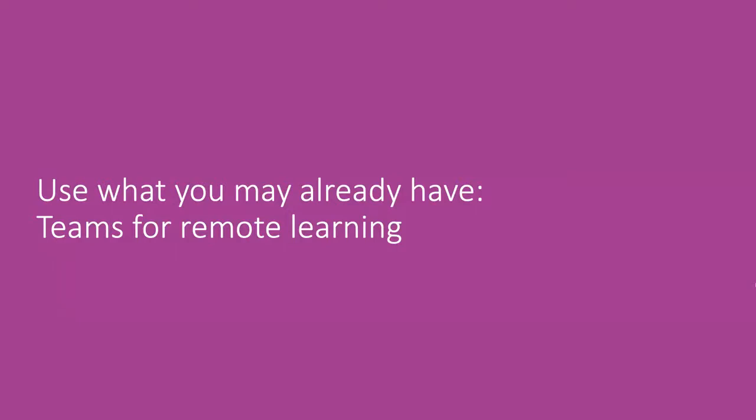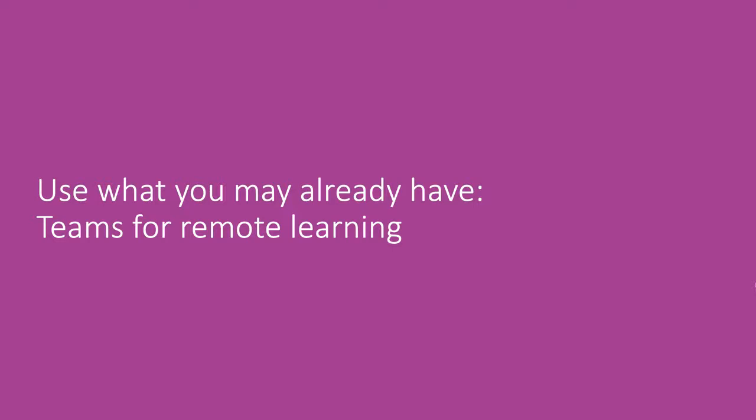So let's get started with the content. The majority of educational establishments that we work with already have licensing for Microsoft or Office 365. And that will be provided to you as part of your campus agreement, or if you're a secondary or primary school, you may have that delivered by your government organisations such as Hub in Wales, or you might have those provided to you via a separate licensing agreement.